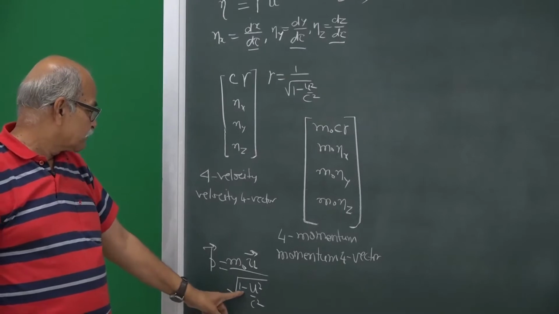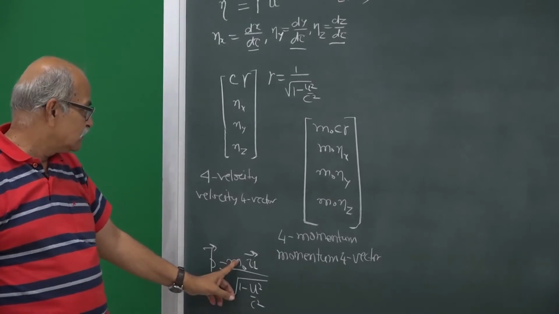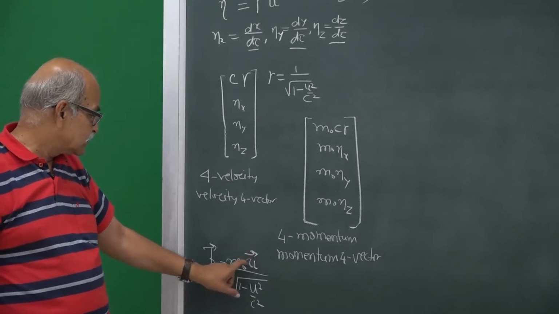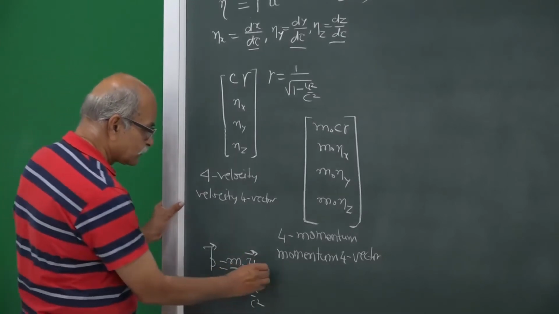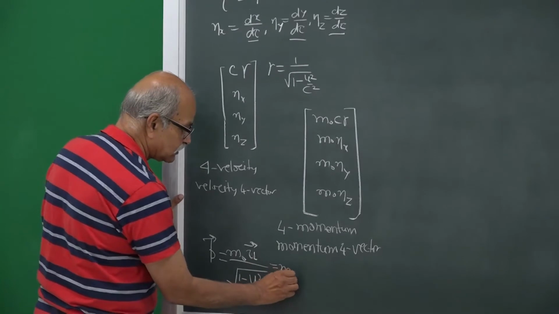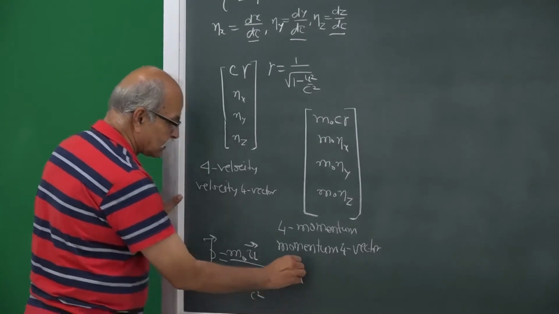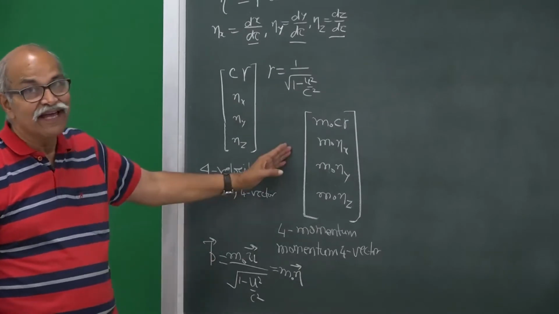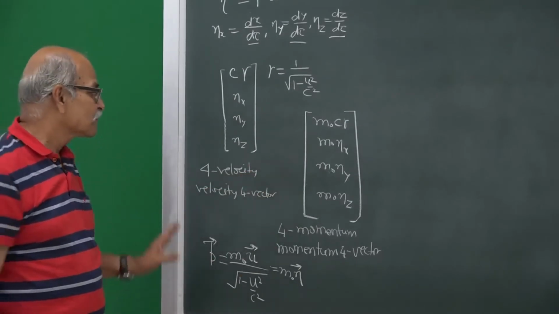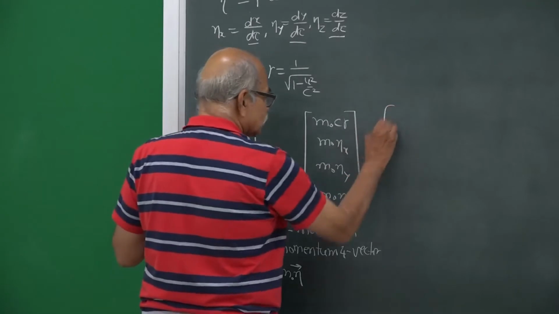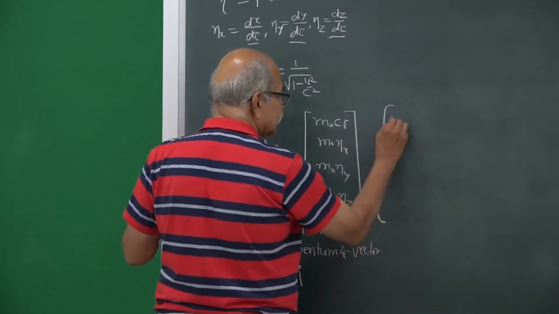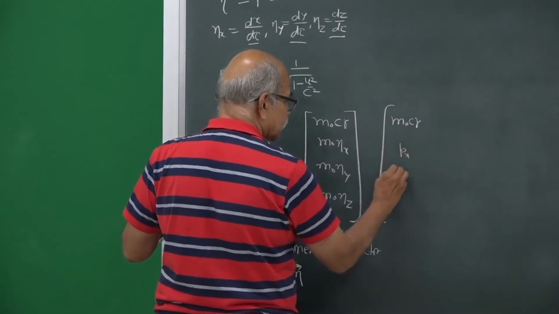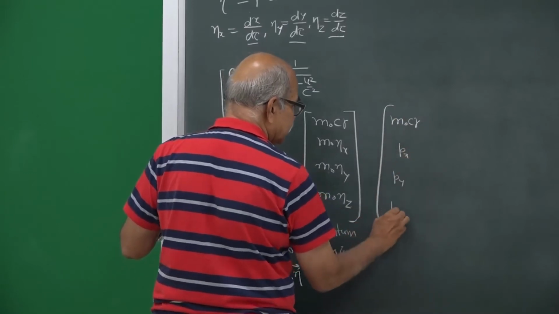So, this is m naught times gamma times velocity, which is m naught times eta, and hence these are components of linear momentum in x, y, z direction. So, this is your px, py, pz, with m naught c gamma here, and then px, py and pz.